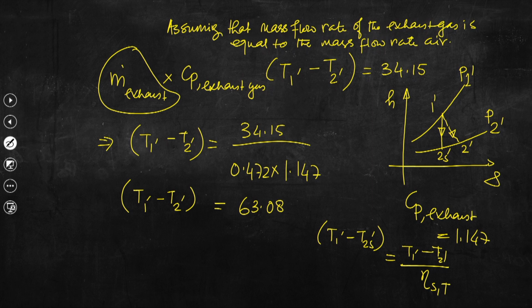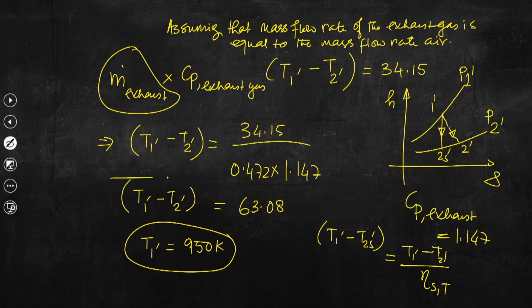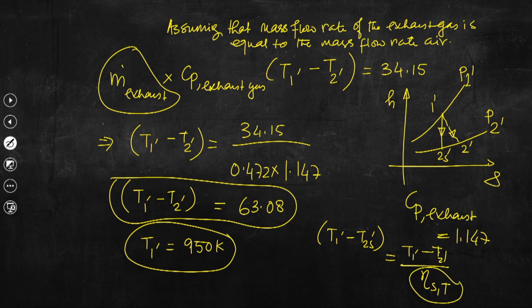Here it is given T1 prime equal to 950 Kelvin, that is the exhaust gas temperature at the inlet of the turbine. Already we have calculated T1 prime minus T2 prime from this expression. We know the isentropic efficiency of the turbine, from there we can calculate this.